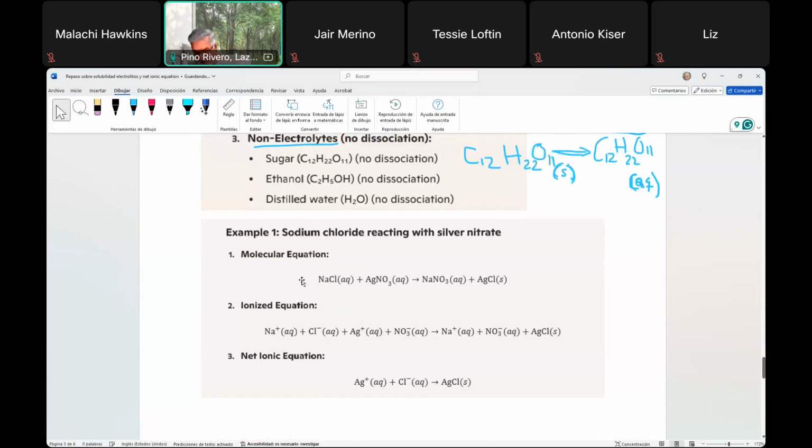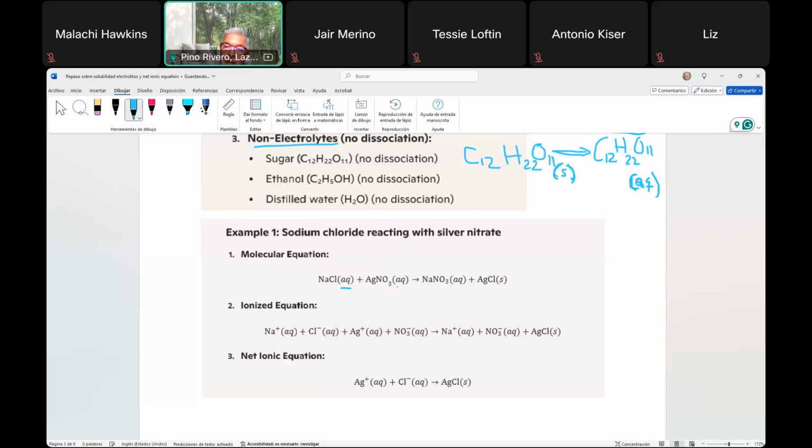Well. This is the most important part. When we have a chemical reaction in an aqueous solution. Look, sodium chloride in aqueous solution means that it's soluble in water.